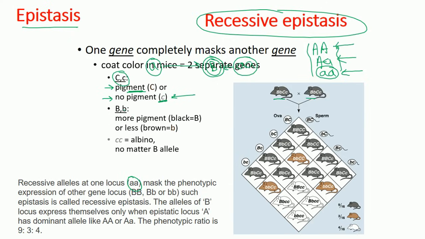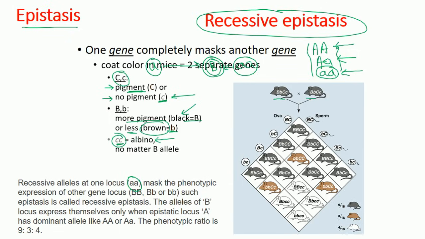The other gene is capital B, small b. If capital B is present, it will add more pigment, so the color will be black. If small b is present, less pigment, the color will be brown. If small c is present, there won't be any pigment, so the color will be albino.